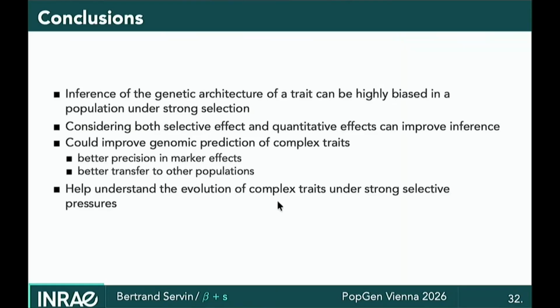You want to be able to work with more populations. And in a maybe more fundamental problem, maybe it can help understand better the evolution of complex traits under strong selective pressures, because you have a better view of what the actual genetic architecture of your trait is.